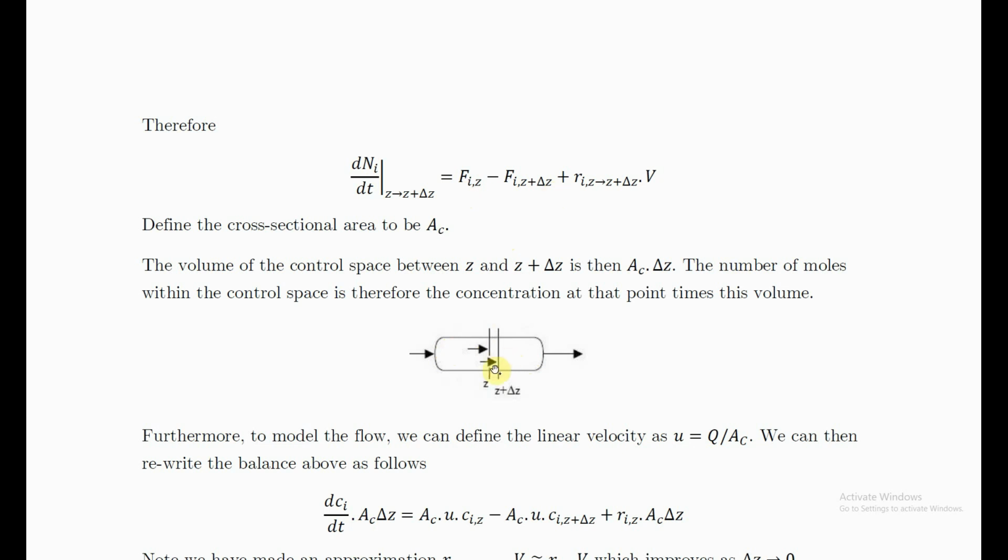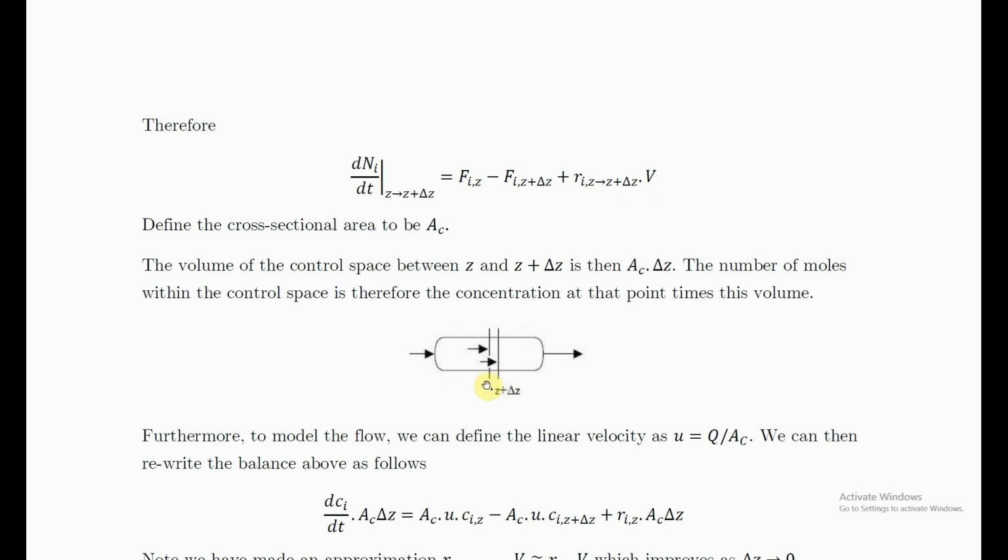And then the reaction itself that happens in this space must be the reaction rate multiplied by the volume of that space. So the reaction rate at position Z, or between Z and Z plus delta Z, I'm writing it like this. This is the rate of formation of component I between position Z and Z plus delta Z. There does exist some reaction rate between these 2 points.